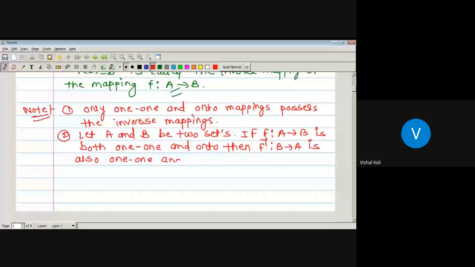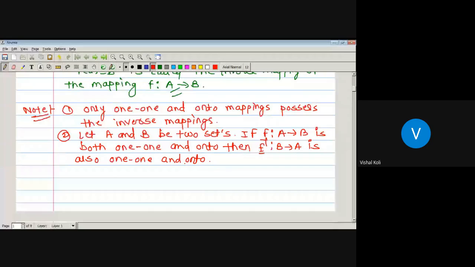So if capital A and capital B are any two sets, and f from A to B is a 1-1 and onto function and it possesses an inverse mapping, which is defined from set B to A, then its inverse is also 1-1 and onto.